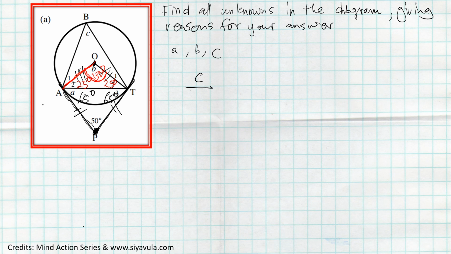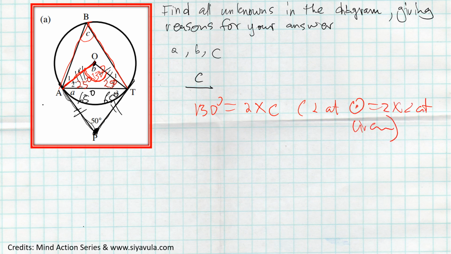It is 2 times the angle subtended by the same arc, but at the circumference. Meaning that 130 degrees will be equal to 2 times angle C, because the angle at the center is equal to 2 times the angle at the circumference, from theorem number 2.